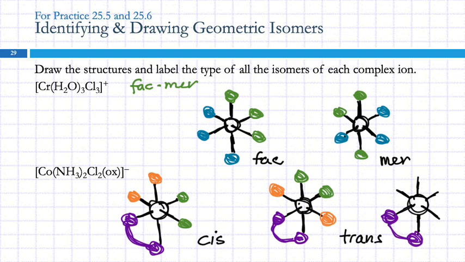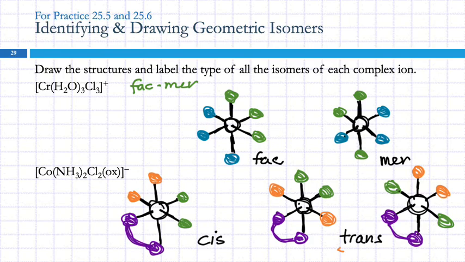And now we'll put the orange ones next to each other and the green ones across from each other. So that would be a different isomer, right? This would be trans with the chlorines.